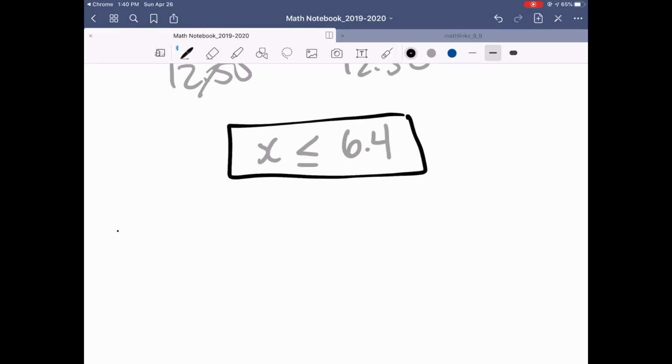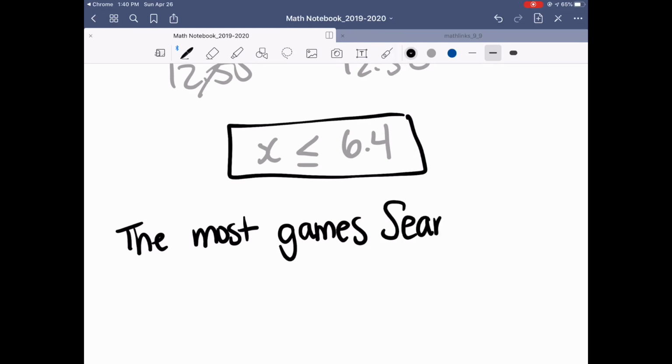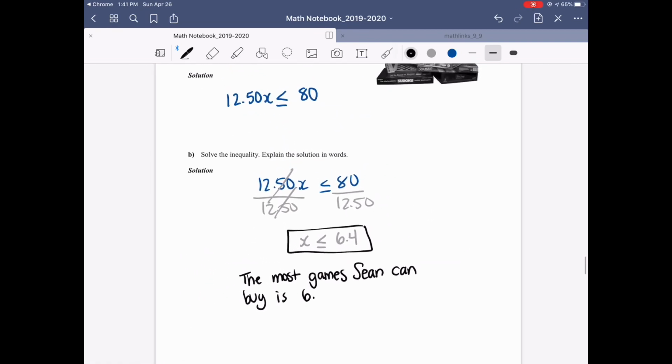So the most games he can buy is 6, because if he buys 6 games, he'll still be within his budget. But if he buys 7 games, which is the next number up, he will be over $80, which won't work. And that's how we justify our answer.